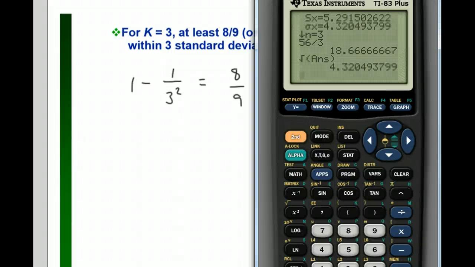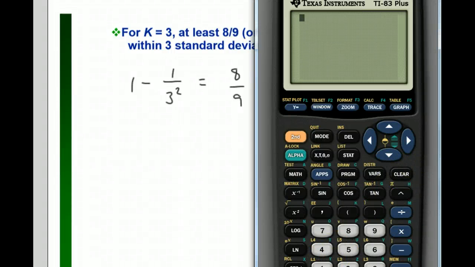But 1 minus 1 over, in this case I did 3 squared. So I can just type it in exactly like that, hit enter, and it goes straight to the decimal. If you want it in fraction form, just hit math 1. That changes it to a fraction, and that's where the 8/9 is coming from. Alright, so you can plug it in exactly in the formula and use your calculator to get the percentages if you want.